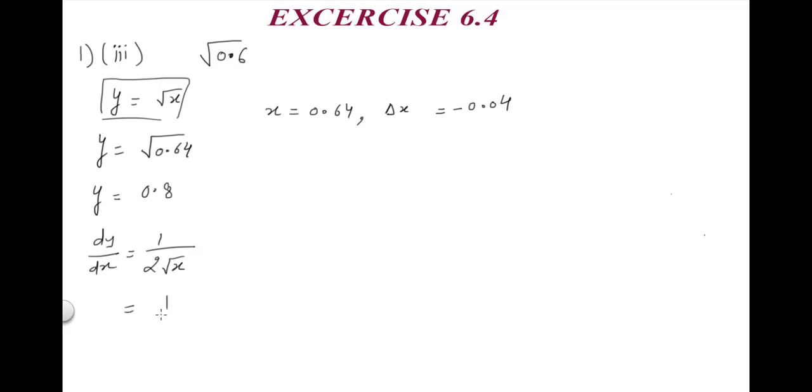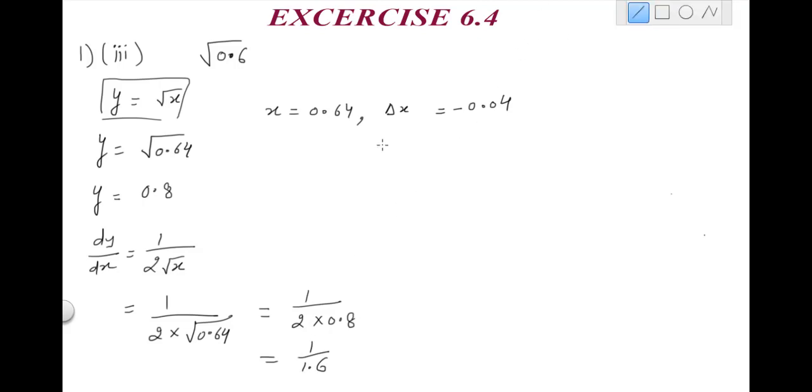Clear? Now 1 upon 2 multiplied with under root of 0.64. Solving it, you get 1 upon 2 multiplied with 0.8, you will get 1 upon 1.6. This is what dy by dx is.